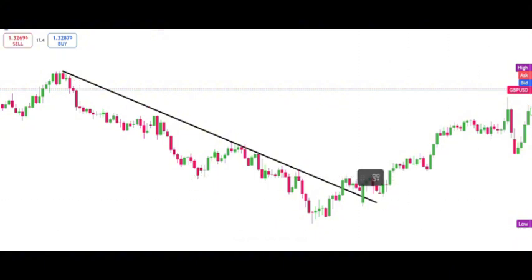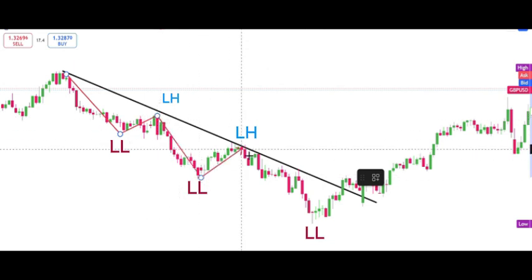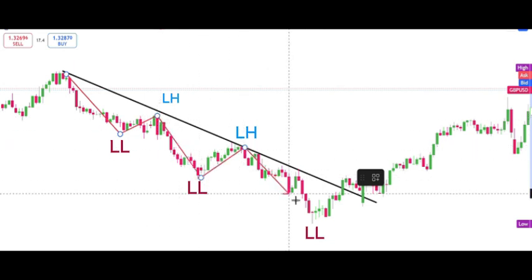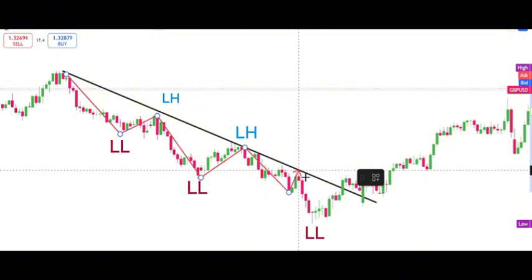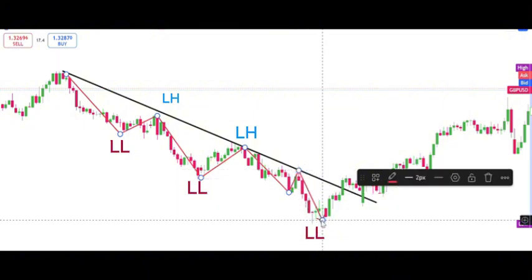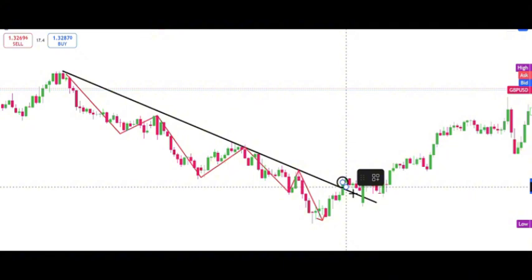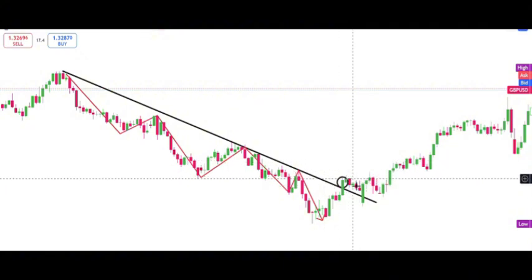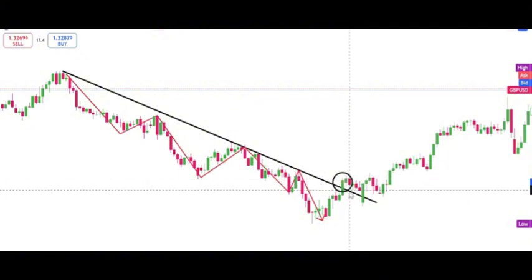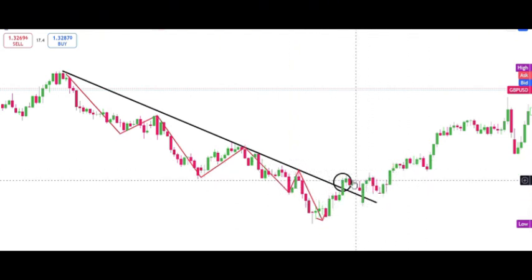This is a lower low, lower high, lower low, lower high, lower low, okay, lower high, and then lower low. All right, now let's assume the price is presently at this point, and the price has broken out right here, and now some traders would be quick to buy at the retest right here.